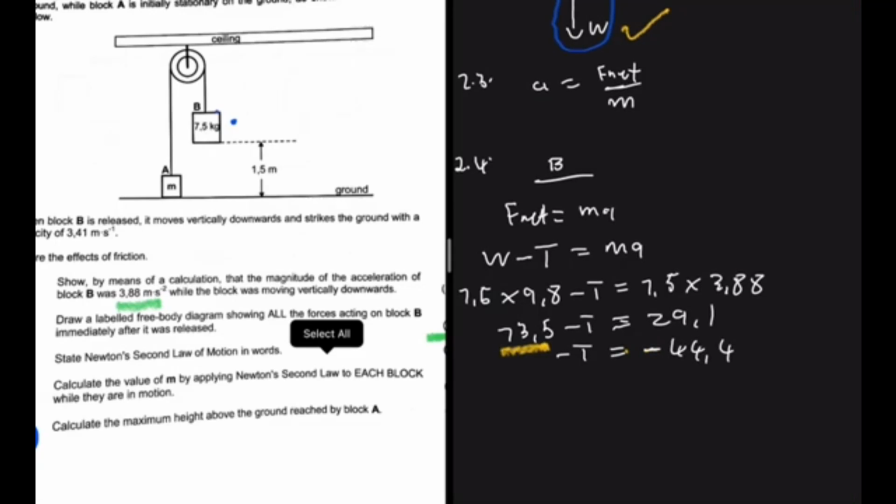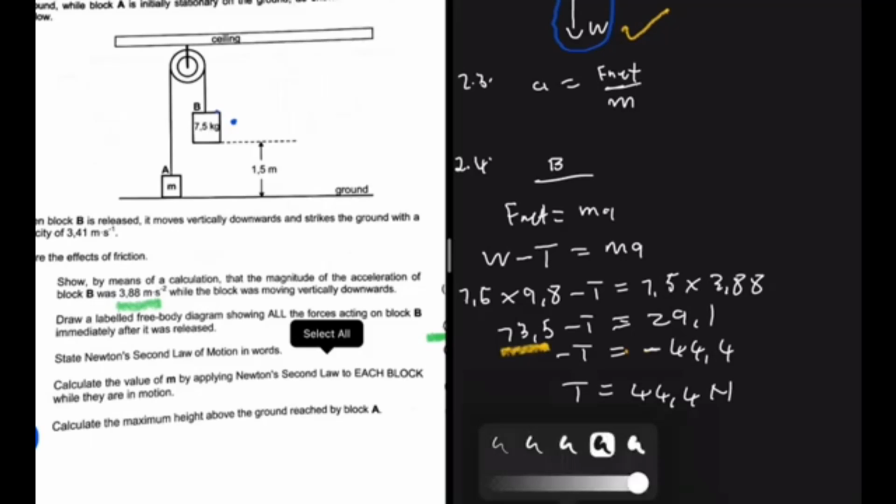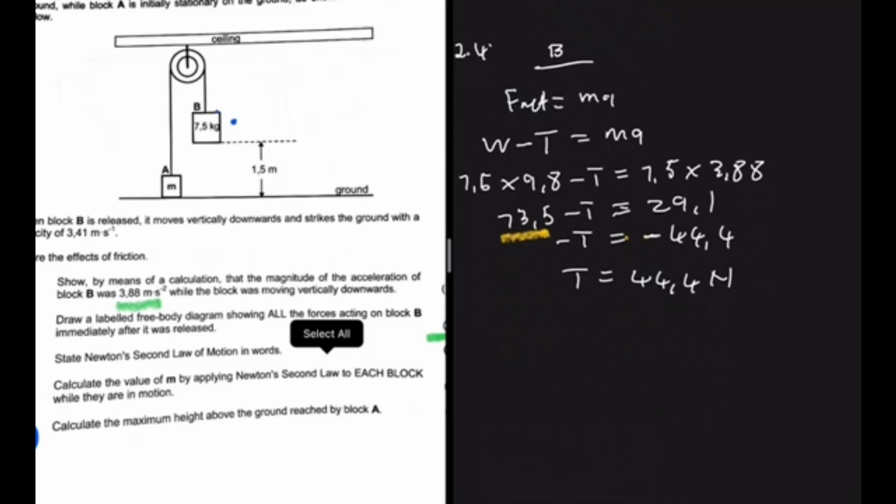So if we divide both sides by minus 1, we're gonna get the tension being equal to 44.4 newtons. Right, we have the tension, but that's not what we're looking for. We're looking for the value of M, right? So now we have to go to that object. So for object A, still F-net is equal to MA, right? There's no other way.